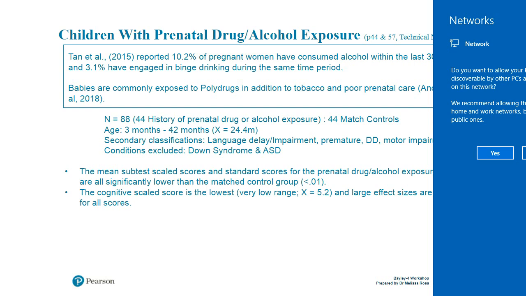In a sample of 88, 44 with a history of prenatal drug or alcohol exposure, and 44 matched controls with an average age of 24.4 months, the mean subtest scaled scores and standard scores for the prenatal drug and alcohol exposure group were all significantly lower than the matched control group. The cognitive scale score was the lowest at 5.2, and large effect sizes were evident for all scores.